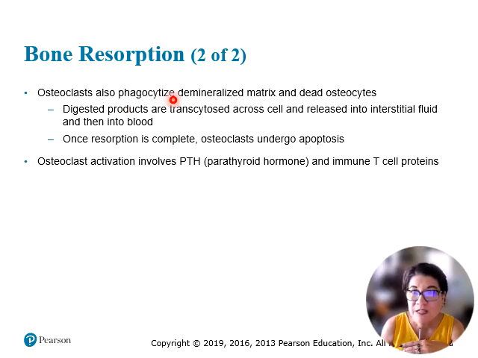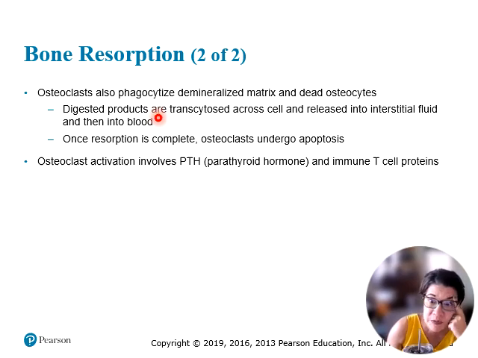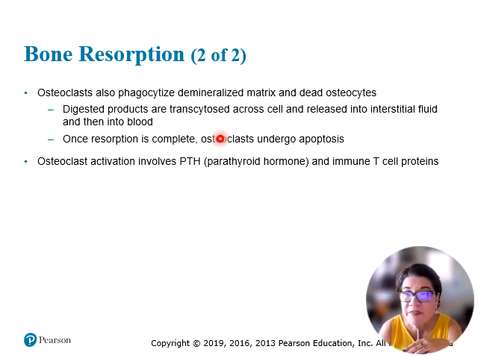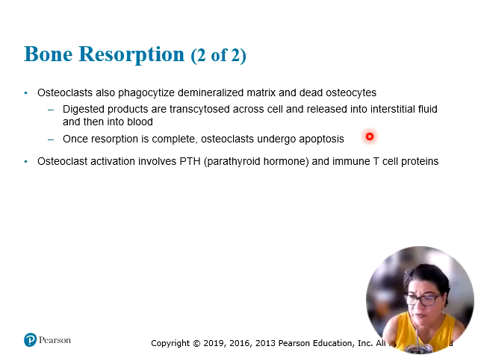So they phagocytize the dead osteocytes. Phagocytize means they eat them, just like macrophages eat cells, like eat bacteria. So they digest them and then they release the calcium into your blood. And then the osteoclasts are going to do apoptosis, which we've learned about. That's when cells have programmed cell death and they self-destruct.